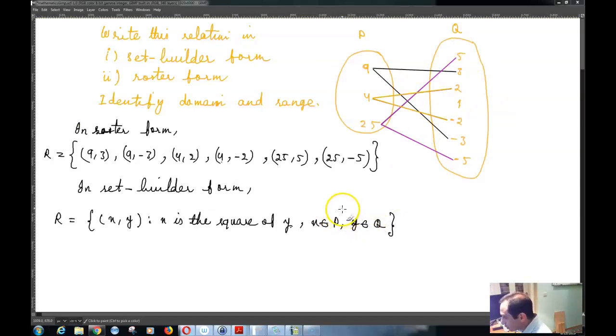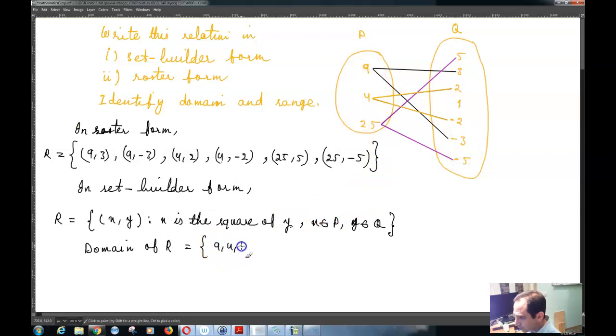Now the domain of R is basically the set of all the elements that have been mapped to some element, which is 9, 4, and 25.